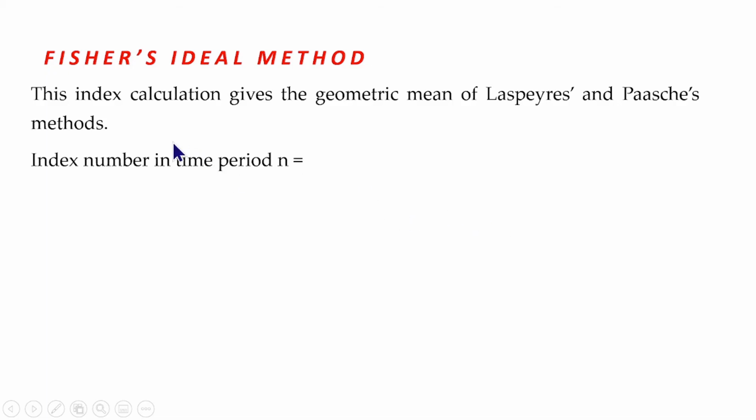Now coming to the next method called Fisher's ideal method. According to this method, we can use the geometric mean of Laspeyre's and Paasche's index to find the index number.